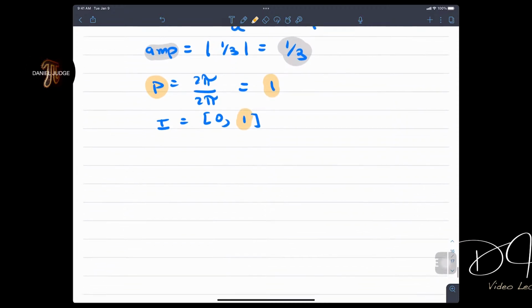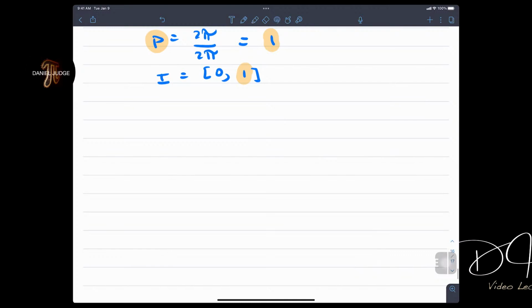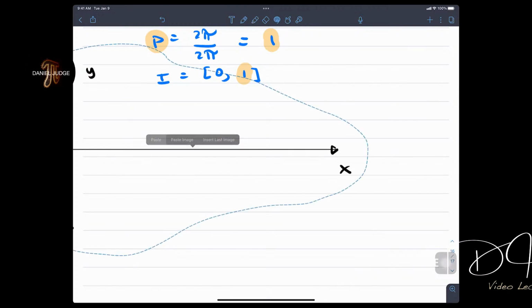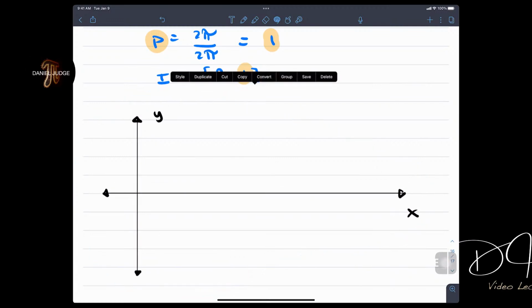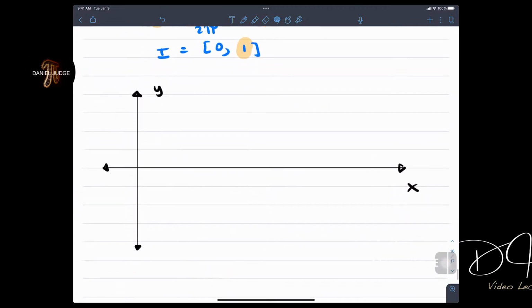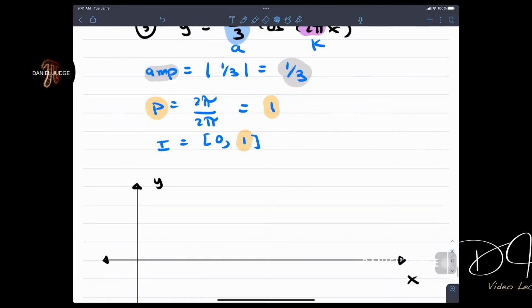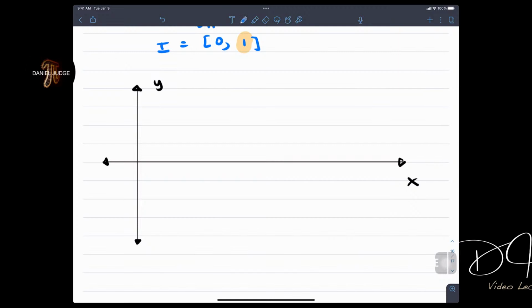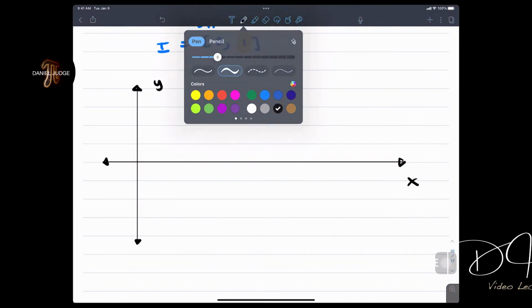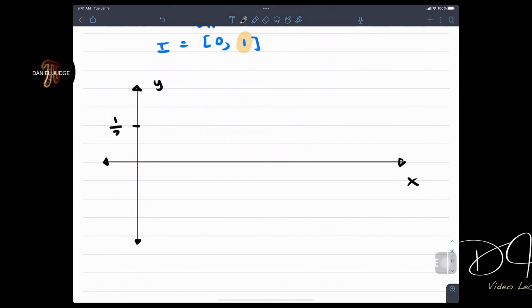So let's start to graph. The amplitude here is 1/3. This is not to scale. So up here you're 1/3.